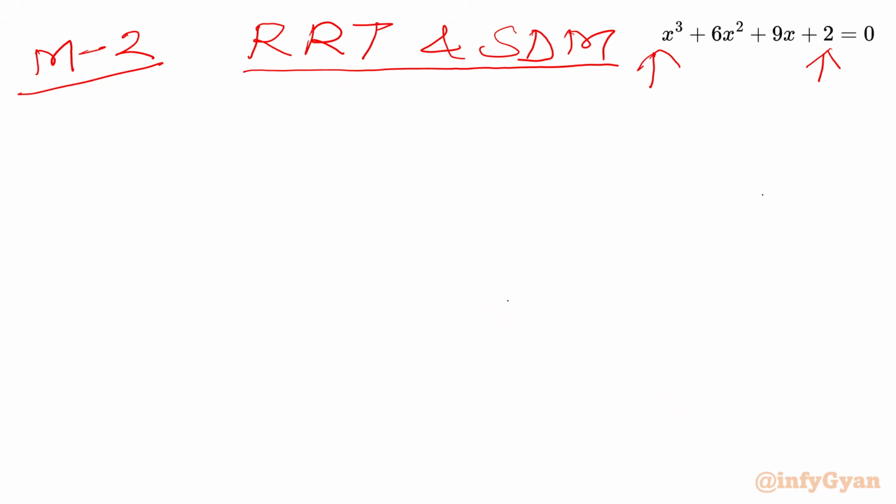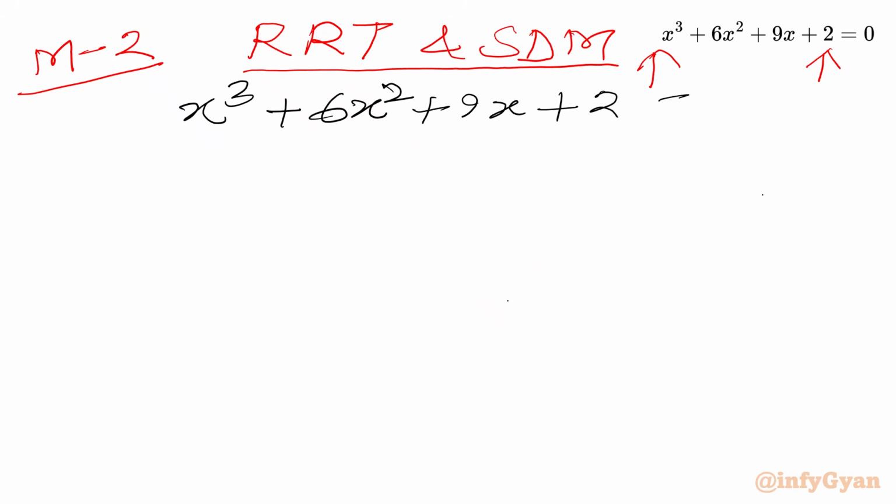So let me write the equation here. x cube plus 6x square plus 9x plus 2 equal to 0. The eligible factors of constant 2 will be plus minus 1 and plus minus 2. The eligible factors of leading coefficient 1 would be plus minus 1. Now we have to take the ratio of constant to leading coefficient.